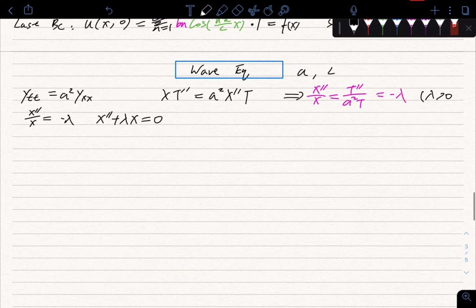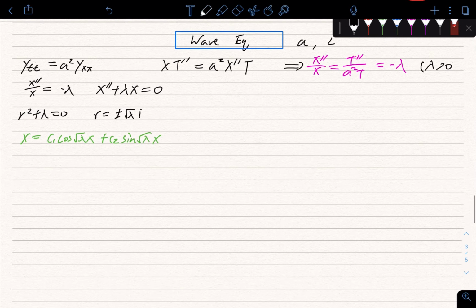Characteristic equation: r squared plus lambda equals 0, r equals positive or negative square root of lambda times i. So our X is the same as before: X equals c1 cosine of square root of lambda x plus c2 sine of square root of lambda x.